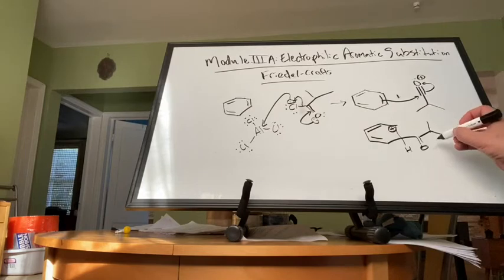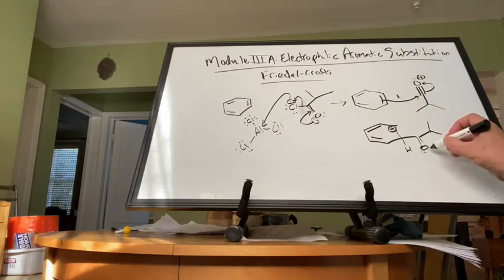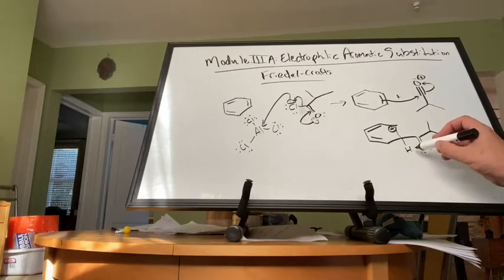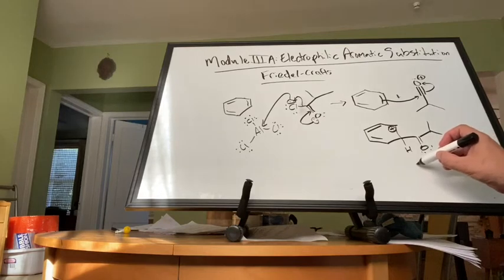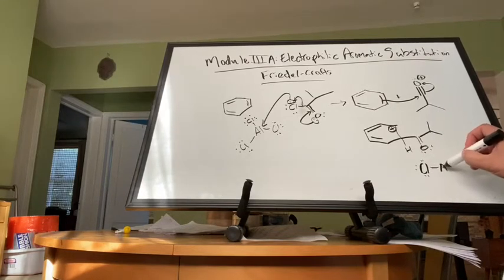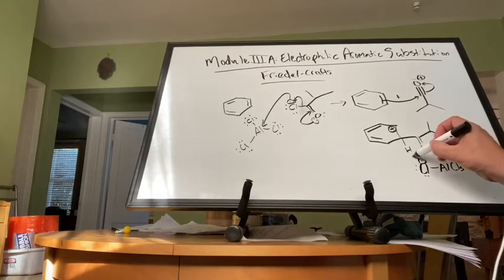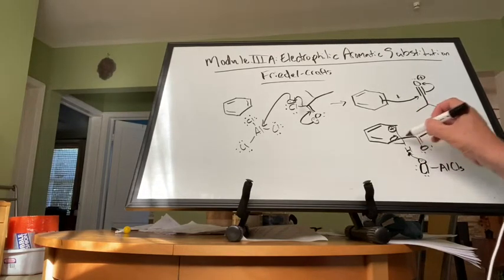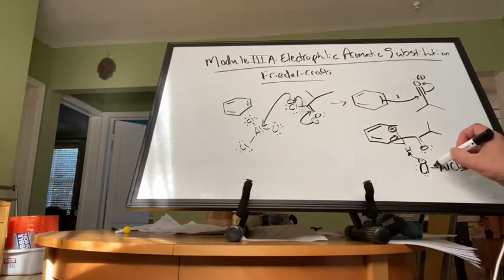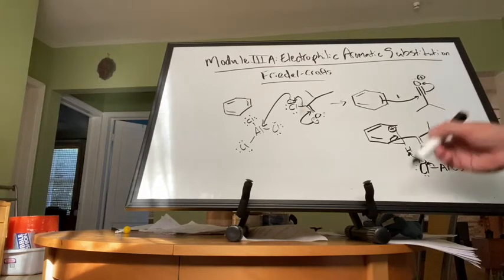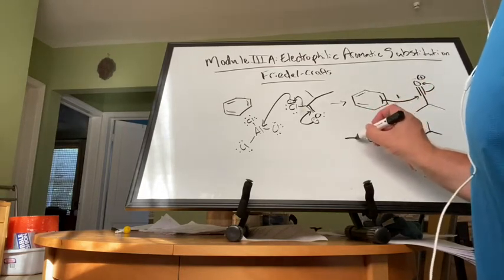Okay. So chlorine again, from this anionic species, is going to behave as a base. Take it up, reestablish aromaticity, and form HCl, and off HCl goes again.